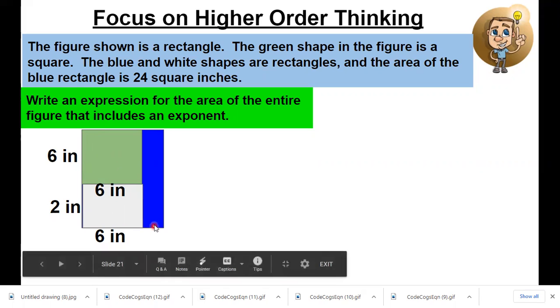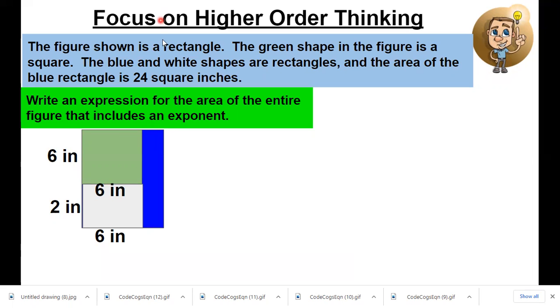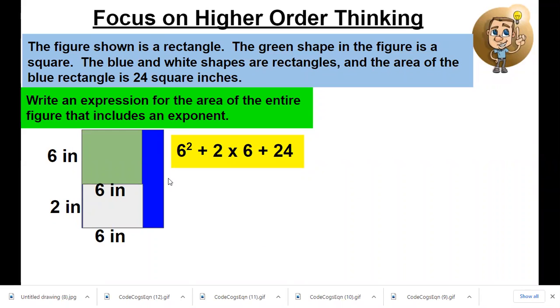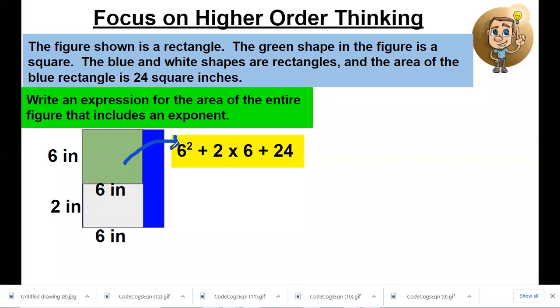And we already know the area of the blue rectangle because they told us it was 24 in the problem. So they want us to write an expression for this using an exponent. So 6 times 6, that's the first part. That's 6 squared. And then we have 2 times 6 right here, and then plus 24, which is coming from the problem. That's the area of the blue rectangle.